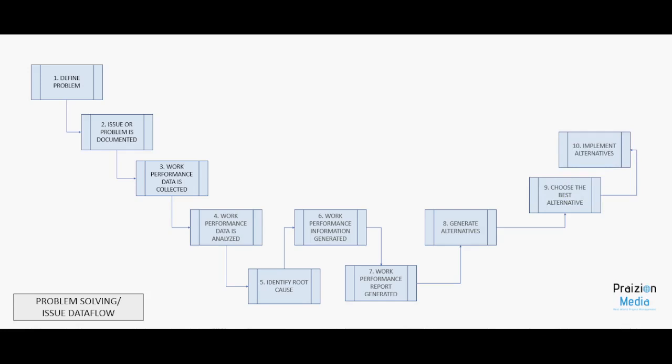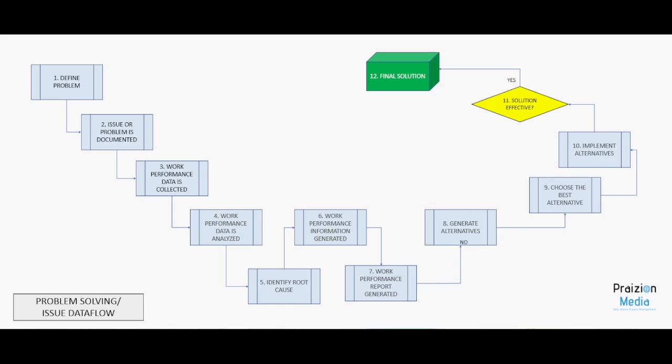But you don't stop there. Implementing the alternative is just one step. The next step is to ask, was this solution effective? So you check the effectiveness of whatever alternative you've come up with. If the solution is effective, you will get a final solution.